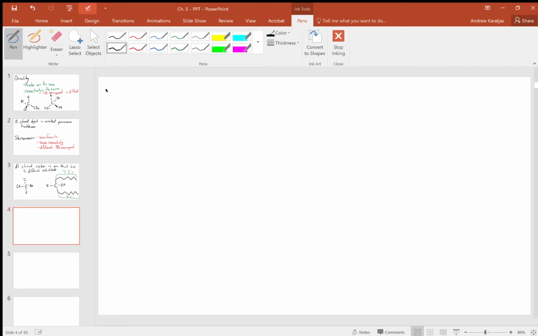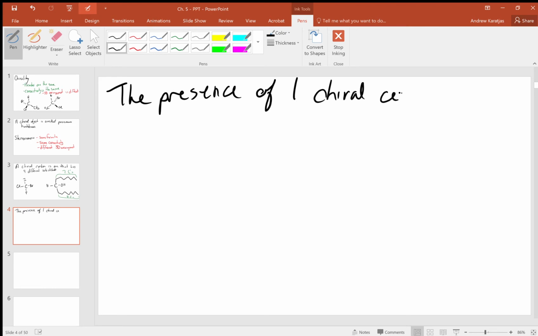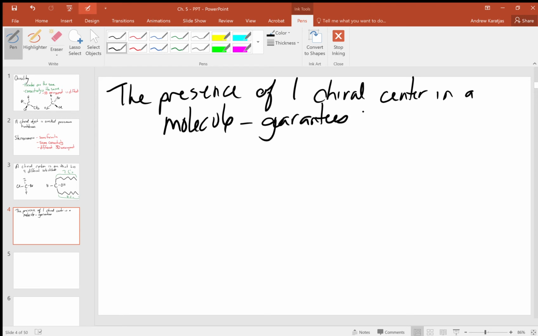So what we find is that the presence of one chiral center in a molecule guarantees that the molecule itself is chiral.